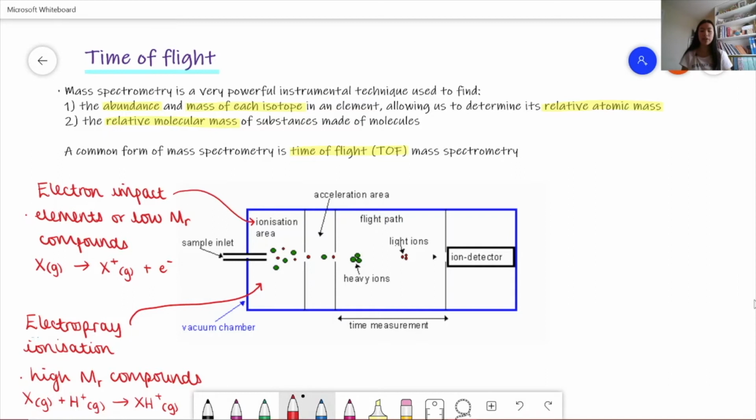And then the second area we have is this acceleration area. And this is where all of these ions, these 1+ ions which have been formed, are accelerated so that they have the same kinetic energy. And they're accelerated using a negative plate because they'll all be positively charged, and so they'll be attracted to a negative plate.